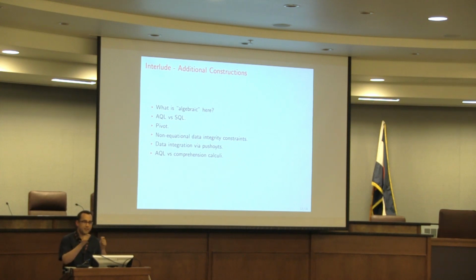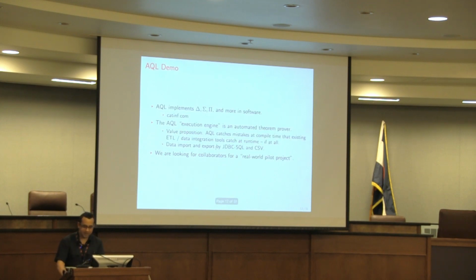When you say, I have a functor from schema S to schema T, there's a theorem prover embedded in this thing that actually checks that what you wrote down was a functor. That means that when it migrates data, it's guaranteed that your data integrity constraints get preserved. So the claim is that this tool catches at compile time the kinds of mistakes that existing tools like Informatica will catch at runtime, if at all, and for that reason it's more agile.